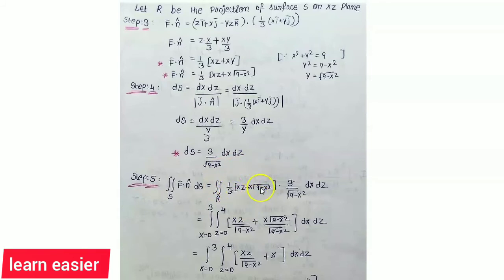Let's substitute here, and ds is 3 by square root of 9 minus x square into dx into dz.